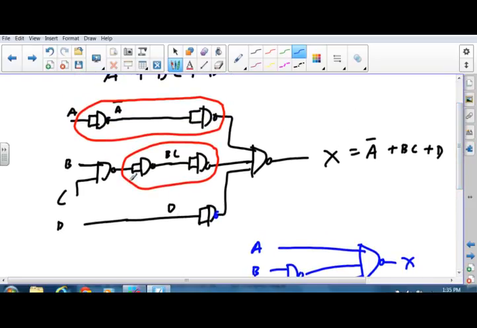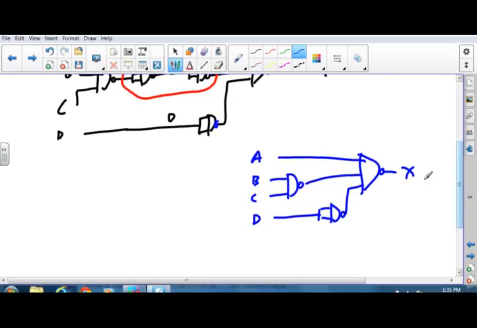So now, if I were to implement this with just TTL logic, I would need an inverter, I would need an OR, and I'd need an AND. I need 3 gates, right? Well, now I've implemented it with just 3 gates, and they're all the same.